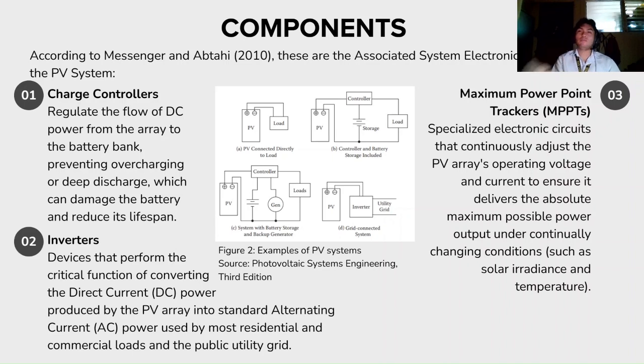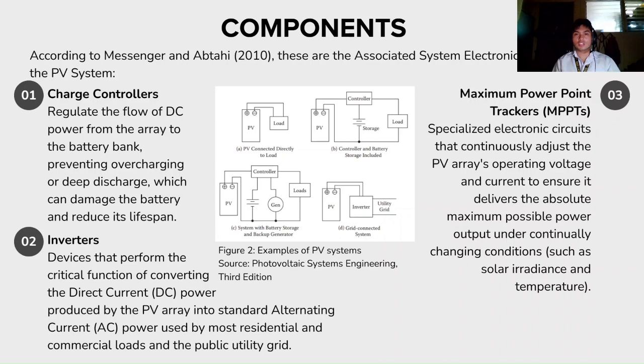This one depends on the conditions. If it's cloudy, of course it will produce less voltage, because cloudy means less sunlight, and less sunlight, less electricity. And that's the job of the maximum power point tracker.